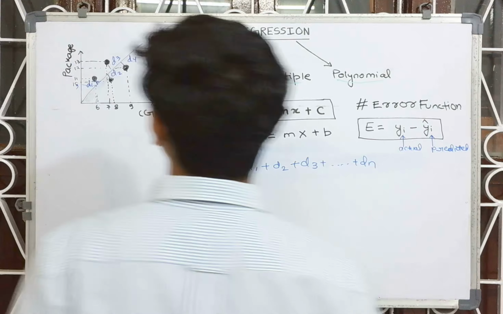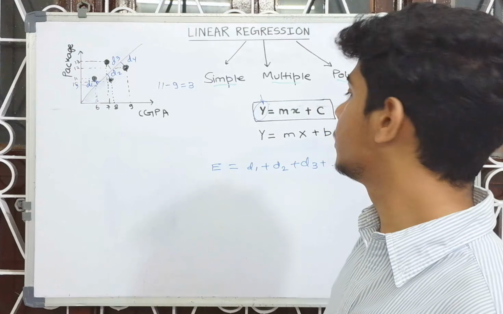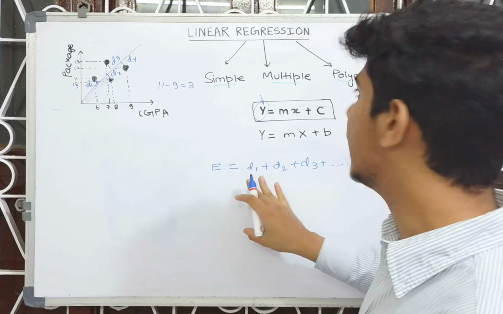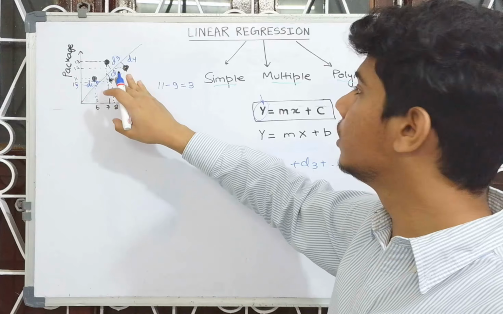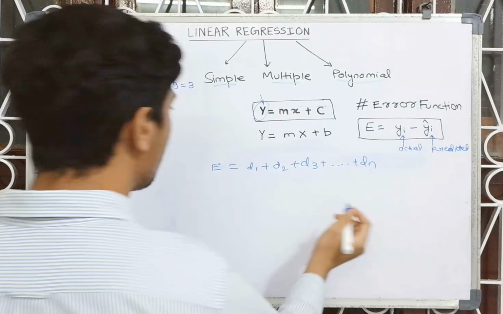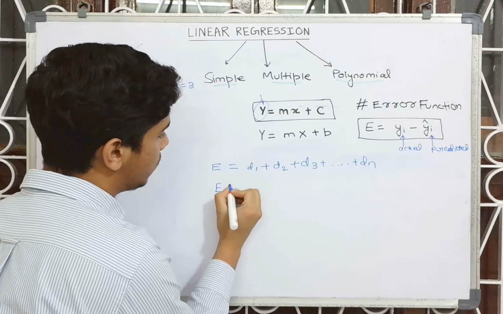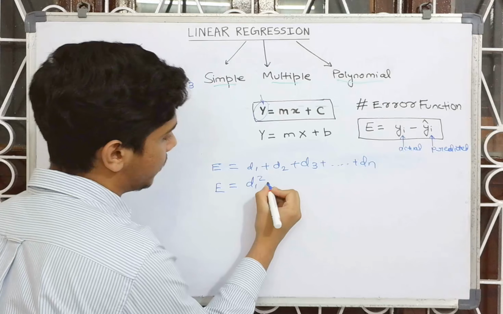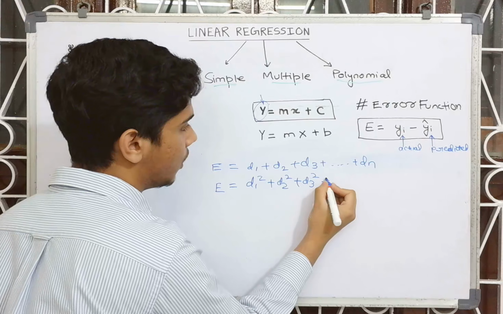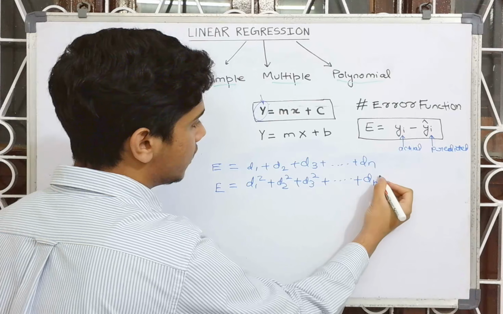But if you look carefully, here D2 is negative. So if we don't take the mod or the square of this D, this will cancel out, and we don't want the error to cancel out. So we can square it. E equals D1 square plus D2 square plus D3 square plus Dn square.